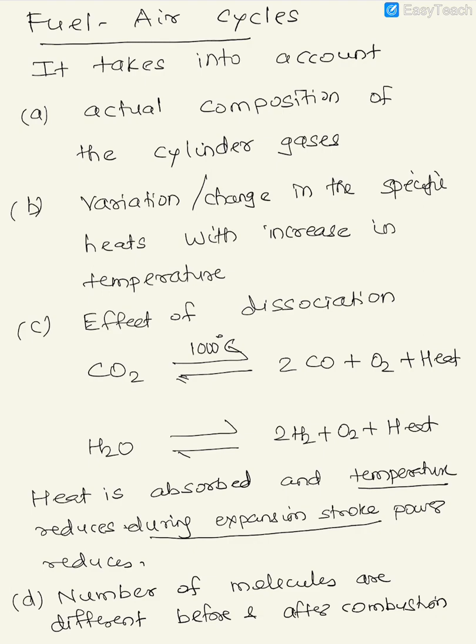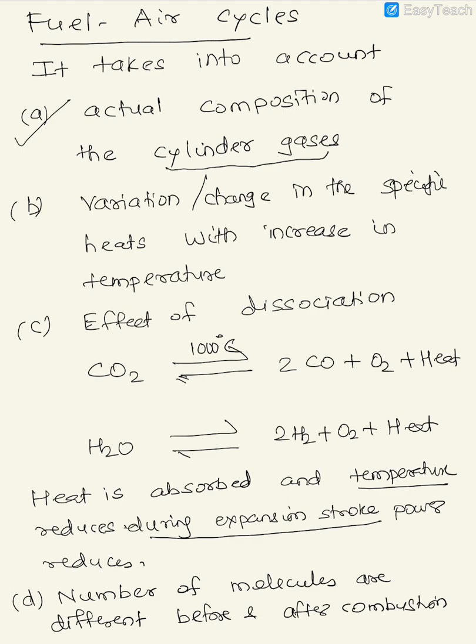So the first thing is, we do consider here the actual composition of the cylinder gases. We know that in the air standard cycle analysis, we do not consider the actual composition of the cylinder gases. Here in the fuel air cycle analysis, we do.